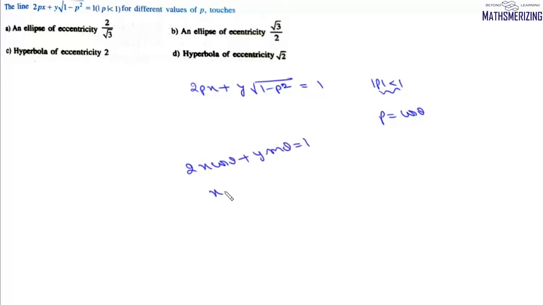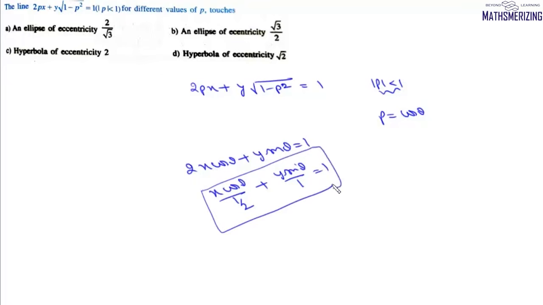We can represent this as x cos theta upon (1 by 2) plus y sin theta upon 1, and it is equal to 1, which is nothing but the equation of a tangent to an ellipse, x cos theta upon a plus y sin theta upon b equals 1. Now in this case, this value is greater than this value.